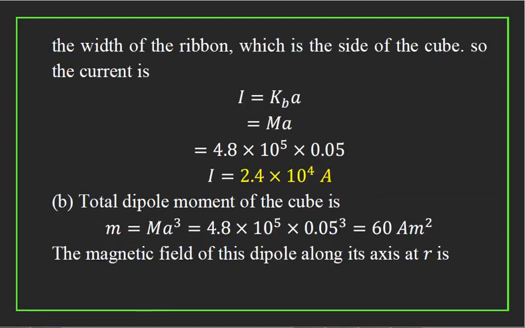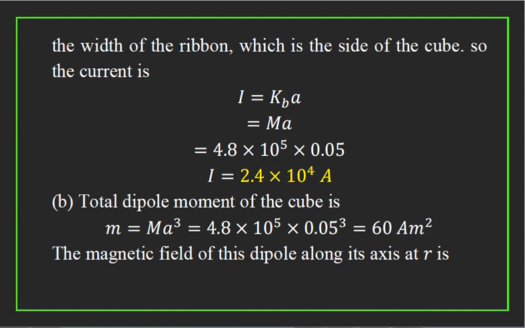with the width of the ribbon, which is the side of the cube, because a cube has the same length in all directions. So the width of the ribbon which is circling around the magnetization will be the length of the cube.